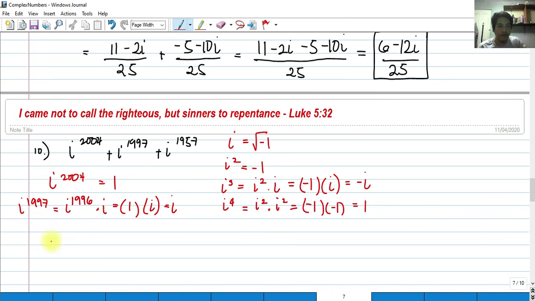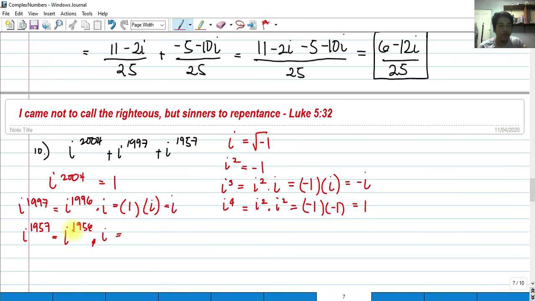How about 1957? That is again not divisible by 4, but the nearest number to which it is divisible by 4 is 1956, multiplied by i. That's equal to 1957.